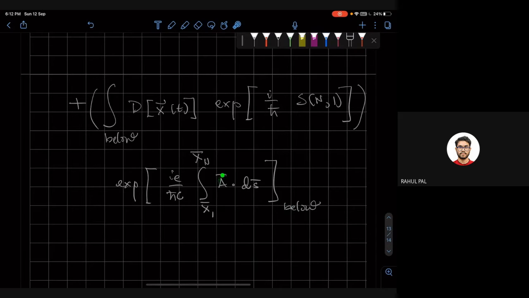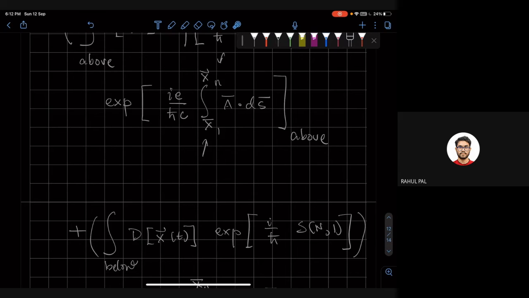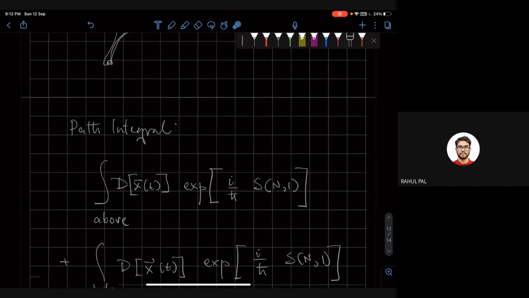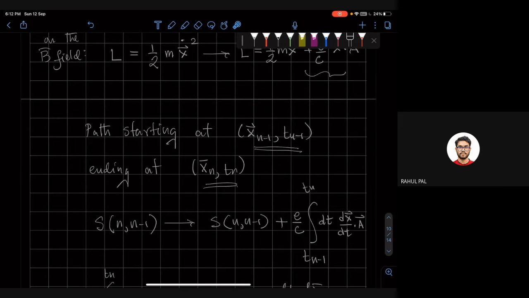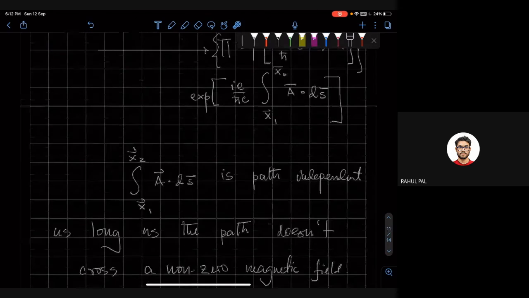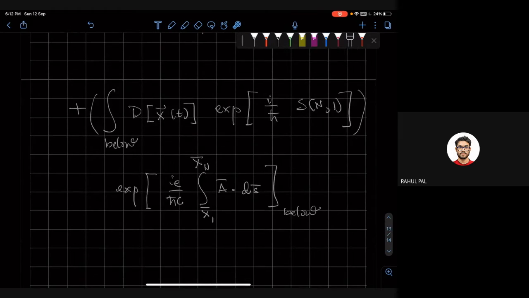So A for the paths below would be different from A for the paths above, even though they don't depend on the path itself. We don't really need the explicit value of A for this argument, although it can be easily derived.